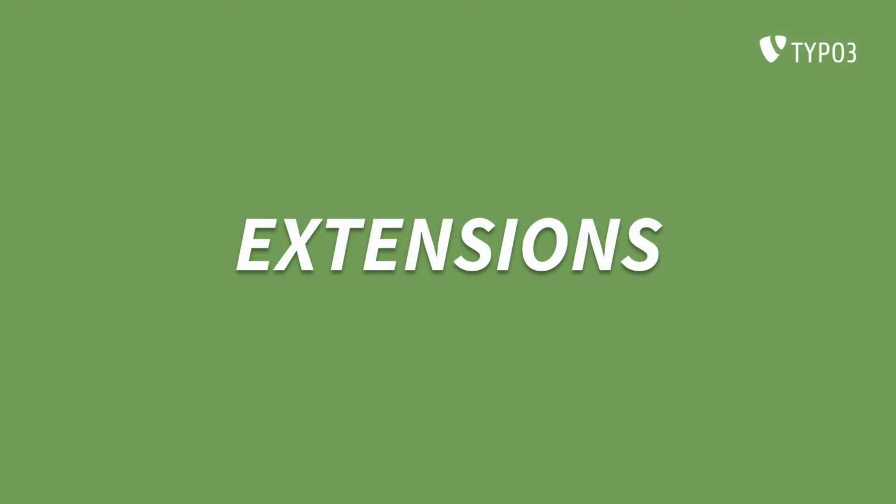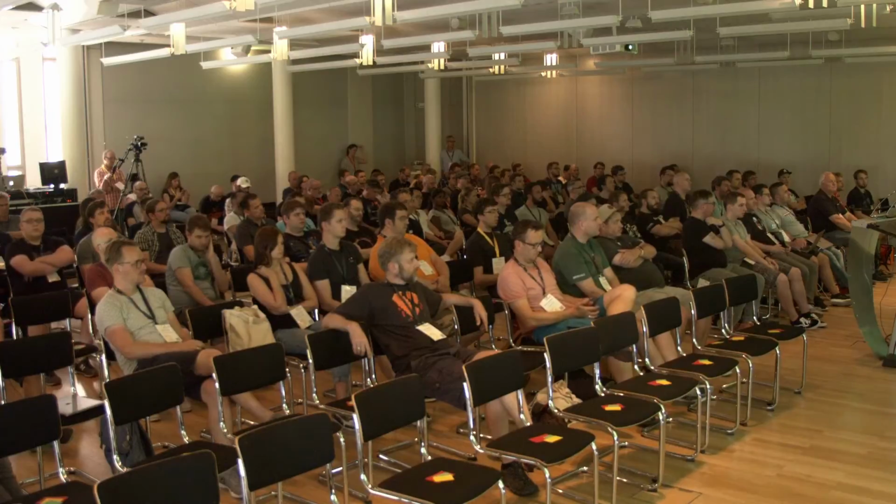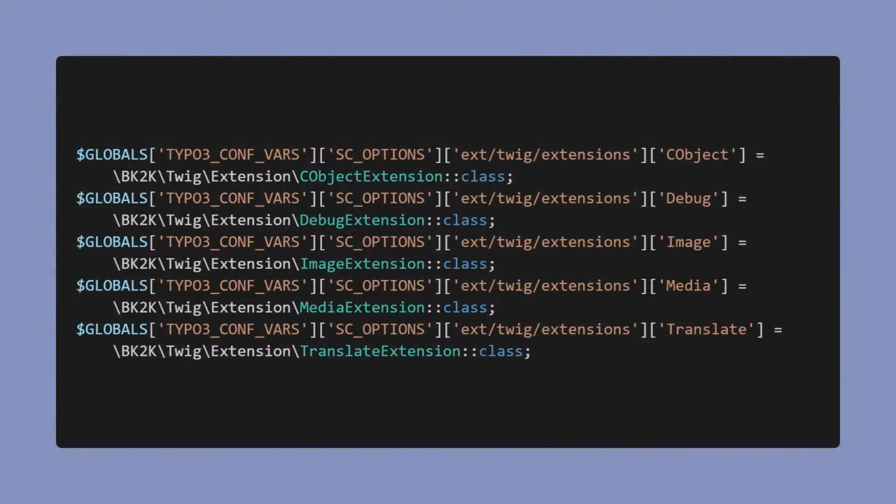So, extensions. This is a point we just talked about in the beginning, that Twig itself will not work because you cannot build links, cannot render media, and all that kind of stuff. So, well, we need to add our Tapestry flavor to Twig, right? So the implementation currently is being built to be extendable, so you can register your own stuff. This is what you've probably seen a lot in the Tapestry context.